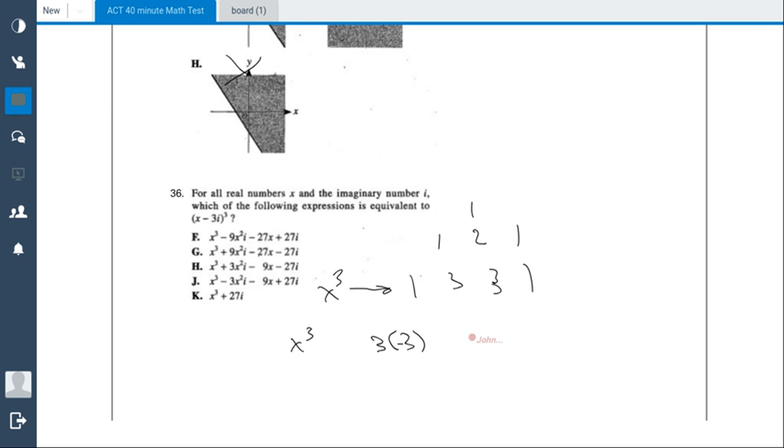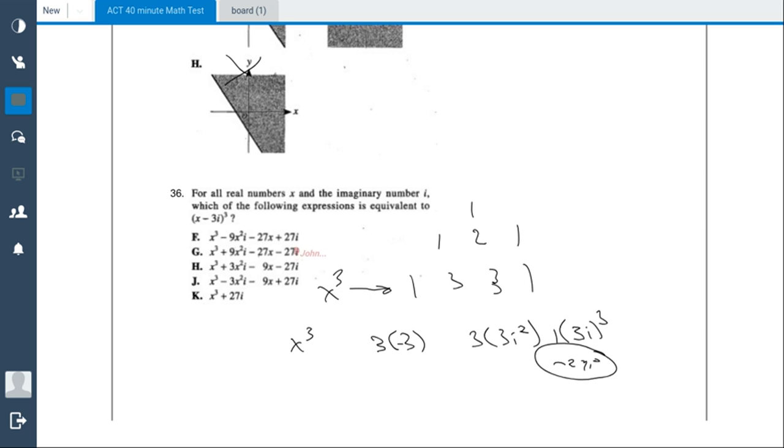So that would be negative 9. And then this would be 3 times 3i squared. And then this one would be 1 times 3i cubed.